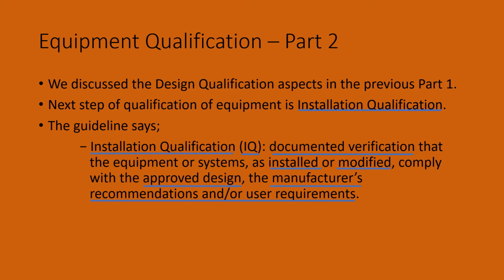This also is a documented verification activity. It may be installed as per the design recommendations as such or modified to suit the locational or user requirements. There should be documented scientific justification if the design or installation is modified to suit the user requirement.